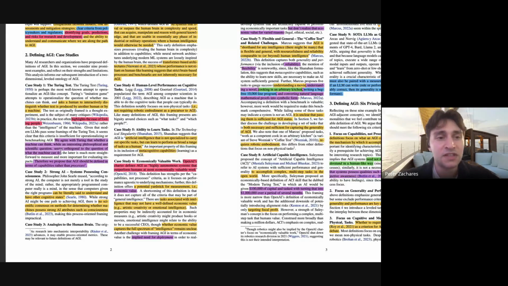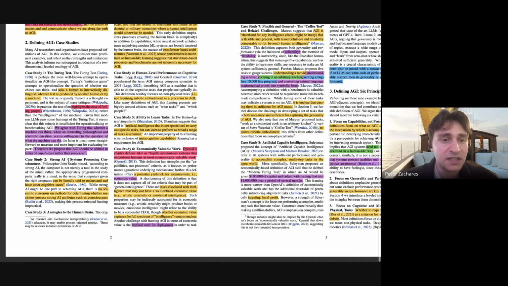And one thing that they say here that I highlighted is, we agree with Turing that whether a machine can think, while an interesting philosophical and scientific question, seems orthogonal to the question of what the machine can do. And so even Turing was saying we need to measure performance in terms of what a machine can do, not how it does it.